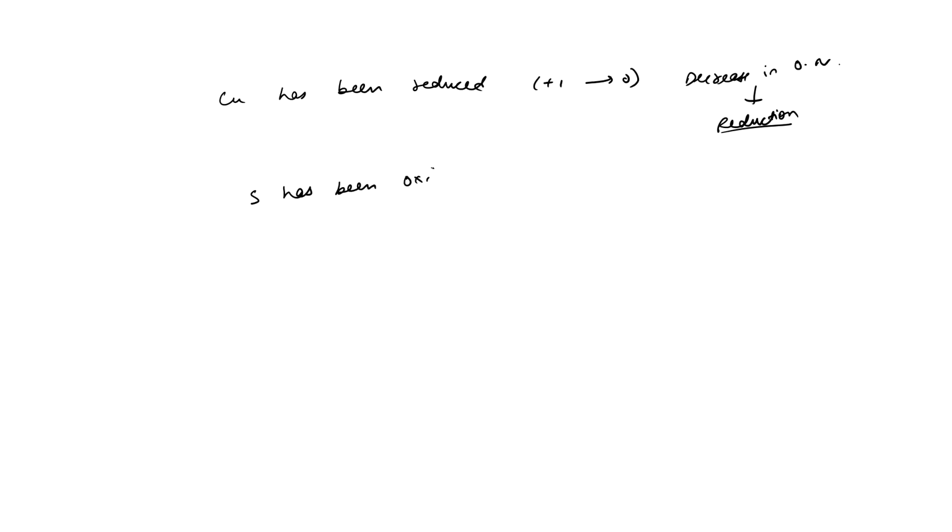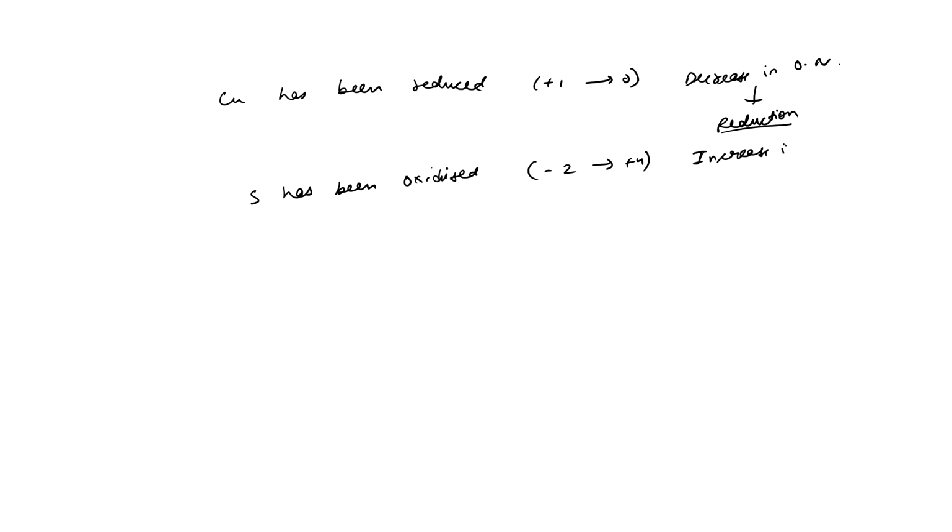Copper has been reduced, going from +1 oxidation number to 0, that means a decrease in oxidation number. So, you can also say that a decrease in oxidation number is reduction, because a decrease in oxidation number is nothing but the gain of electrons, whereas sulfur has been oxidized, it goes from -2 to +4, an increase in oxidation number.